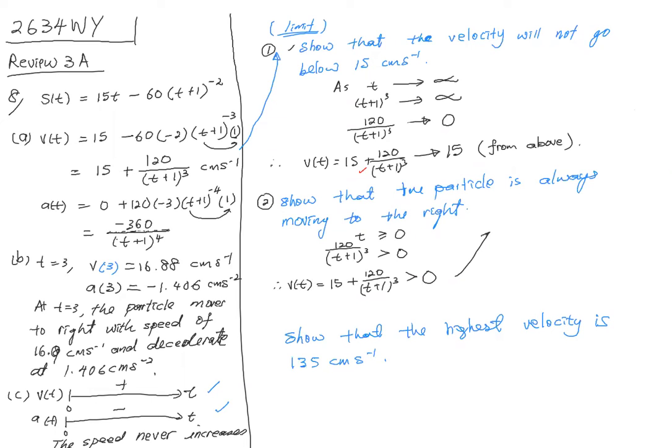Okay, so for question 3, show that the highest velocity is 135. So how am I going to show in this case? So there is a difference. Okay, so what should I do? Anyone got any idea?